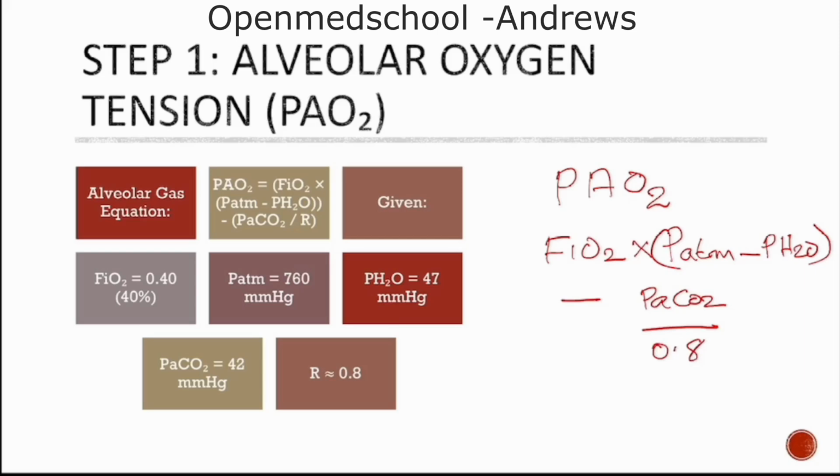So here the FiO₂ is 40%, that is 0.4. Atmospheric pressure is 760, water vapor pressure is 47, PaCO₂ is 42. So from this we can calculate the PAO₂.